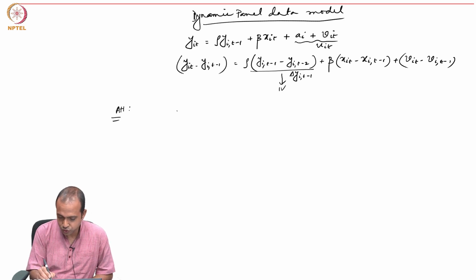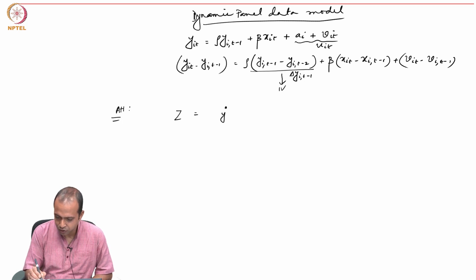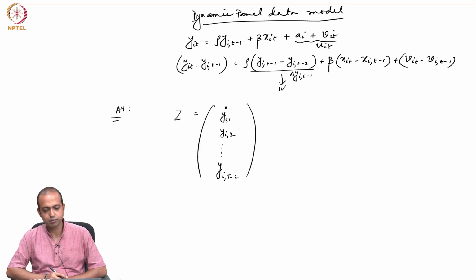the instrument matrix was this. So first observation would be lost, and then we'll get y_i1, and then y_i2, and then it will become y_i,t-2, that is your instrument matrix, right?